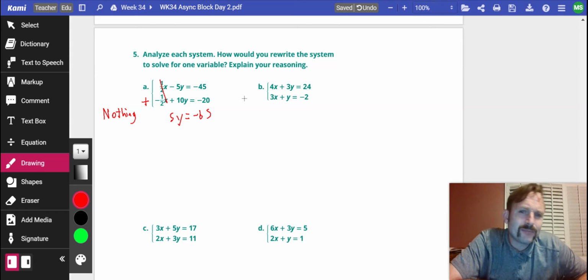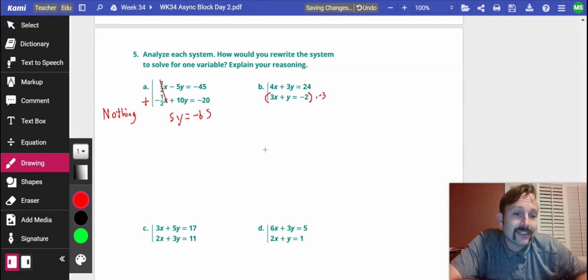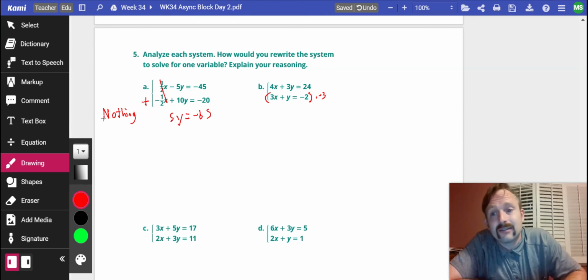Let's do one more. Now 4x plus 3y is equal to 24. 3x plus y is equal to negative 2. Now I have a coefficient of 1. So I times this by negative what? Well, it's 3y, so I times it by negative 3. After I get that, then I would get my reasoning.